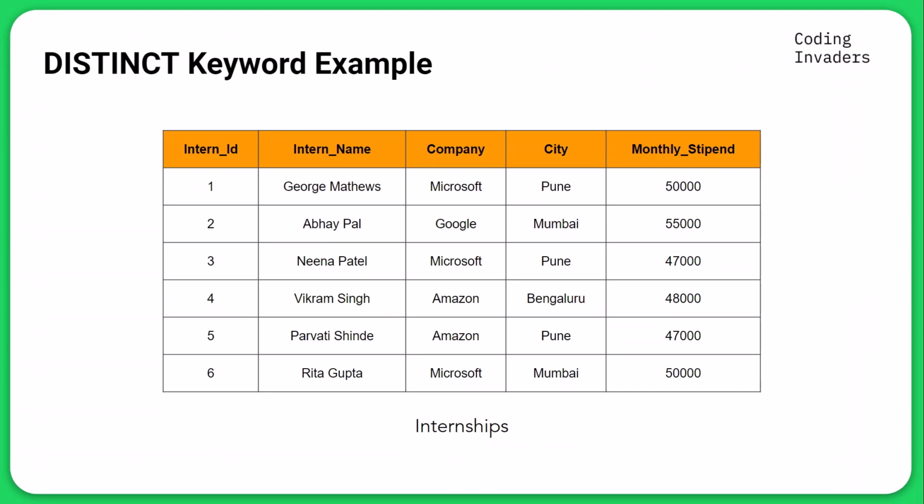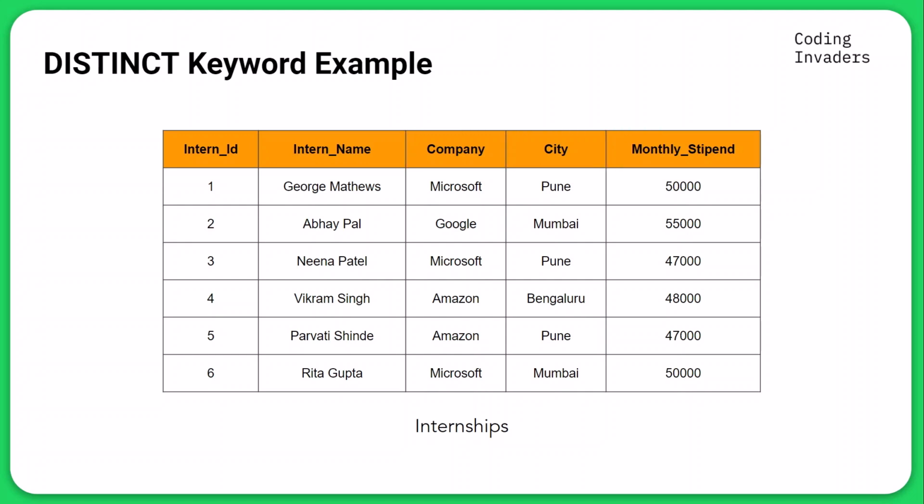Suppose there are some engineering college students working as interns in various companies in the tech industry. This table shows the data of some of the interns. We have columns intern ID, intern name, company, city and monthly stipend, with 6 rows.